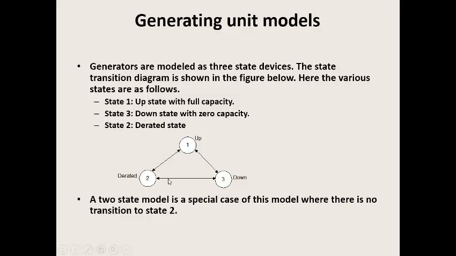But you can also have more states of the generating units. The modeling techniques are capable of handling generating units of larger number of states. Generally, the problem is with the data to support higher number of states.